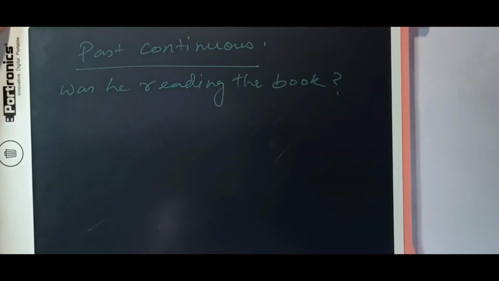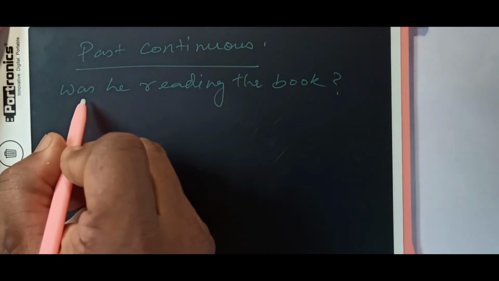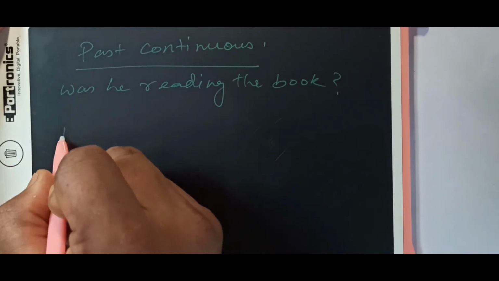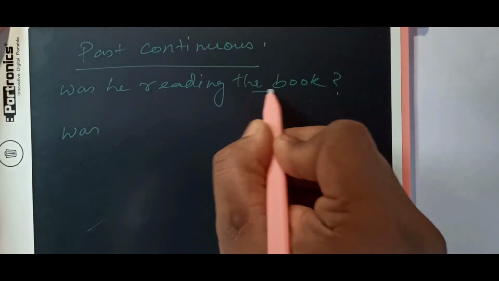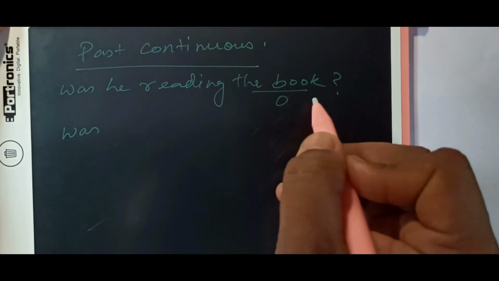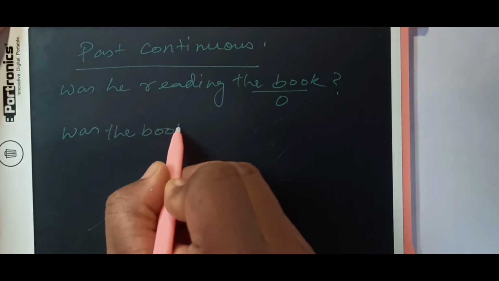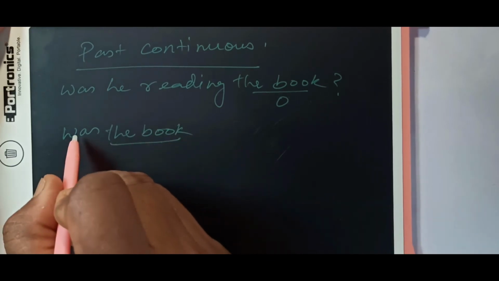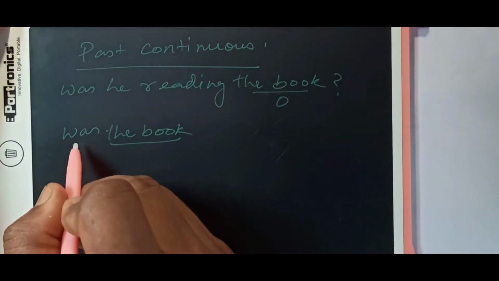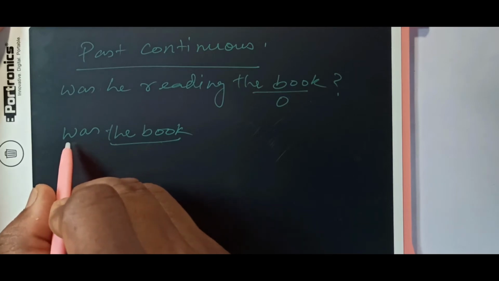Okay, now past continuous tense, and here is the sentence for you. Was he reading the book? We already have an auxiliary verb. This will remain as it is here because the book is singular. This object will become subject here, the book. Since this is singular, we use a singular form of auxiliary verb here also.